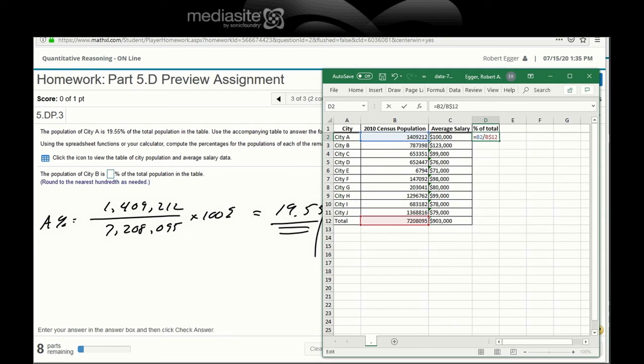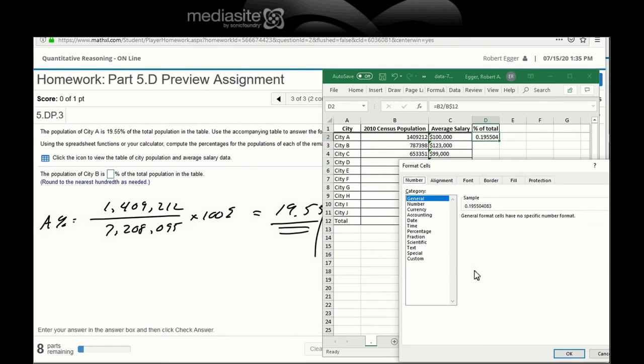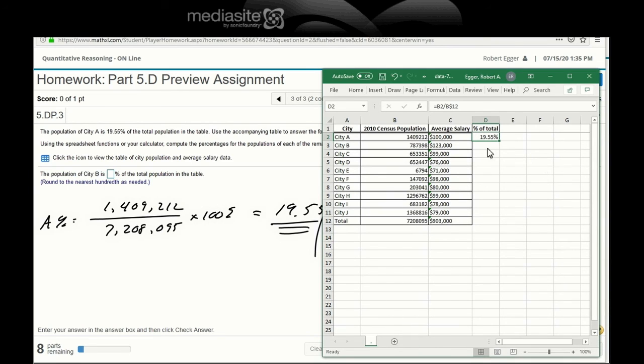All right. Okay, 19.554. Let's reformat this to percentage. All right. So now, let's drag it down and get everyone else. And as my check, if I got my formatting right, that bottom one should be 100. And it is.